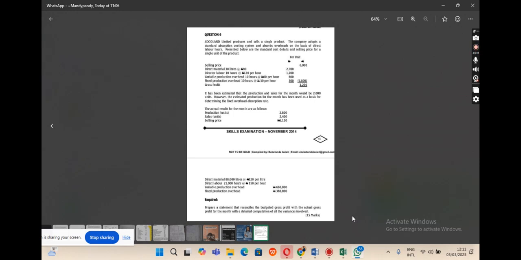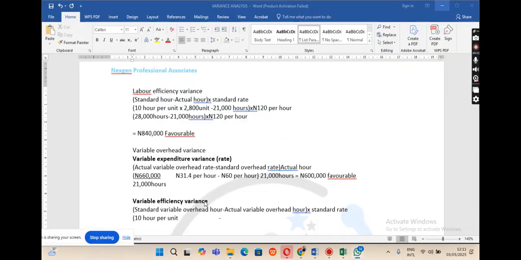But if you are not given variable overhead hours, use the direct labor hours and move on. If you have a question, ask your question.